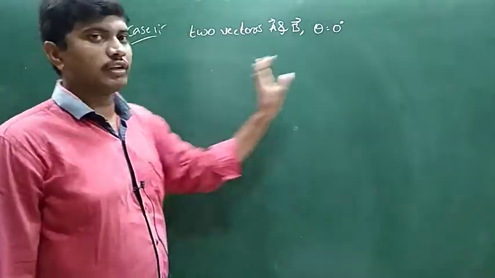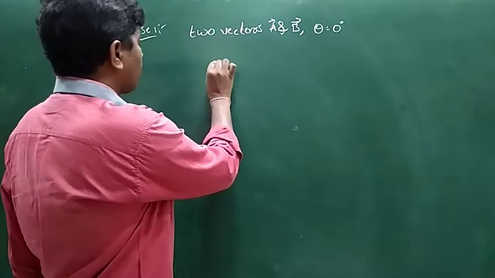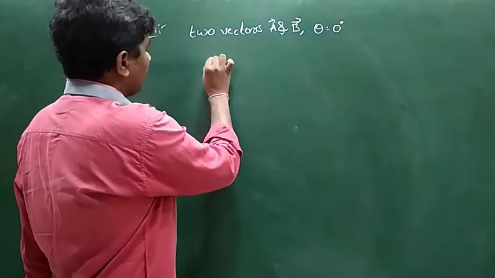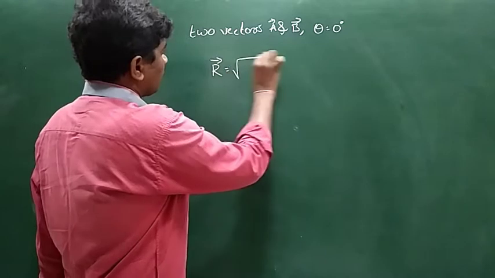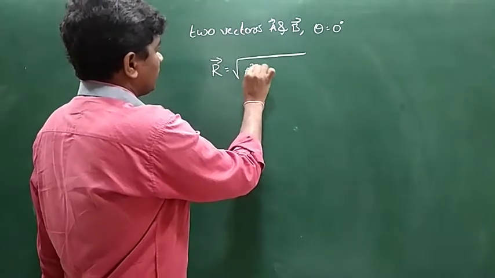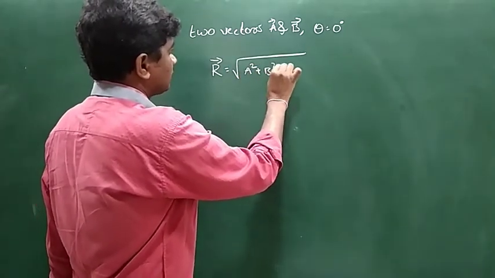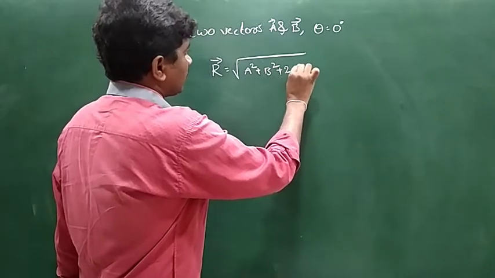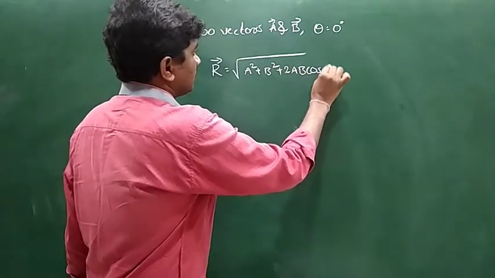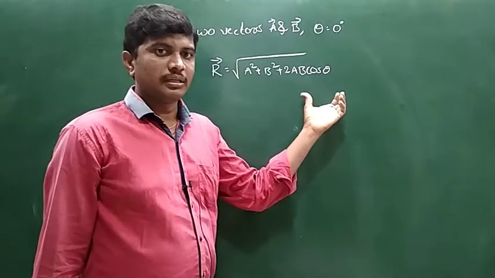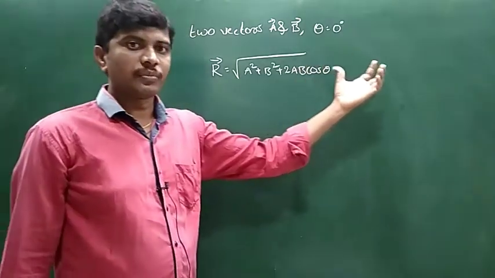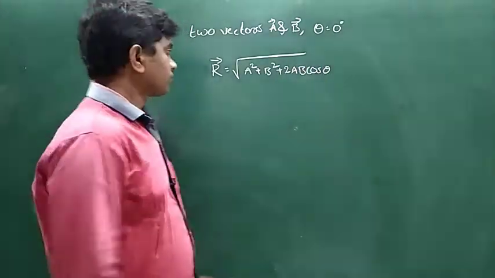First, to find the magnitude. The formula of the parallelogram law magnitude is R bar equal to under root of A square plus B square plus 2AB cos theta. This is the formula of the magnitude of the resultant vector.